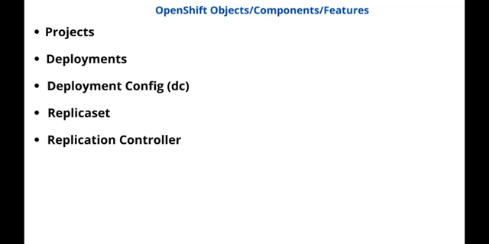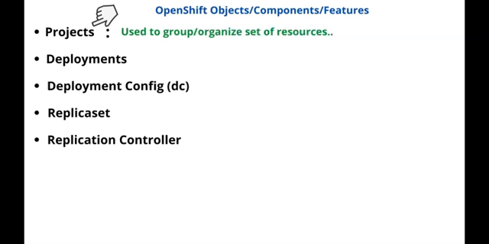So what is a project? A project is an organizational feature of OpenShift that allows you to group your resources. Some technology will call it organization unit, some will call it resource group, and even in Kubernetes, it is called namespace. And don't forget that OpenShift is built on top of Kubernetes, so you will always get to see this used interchangeably.